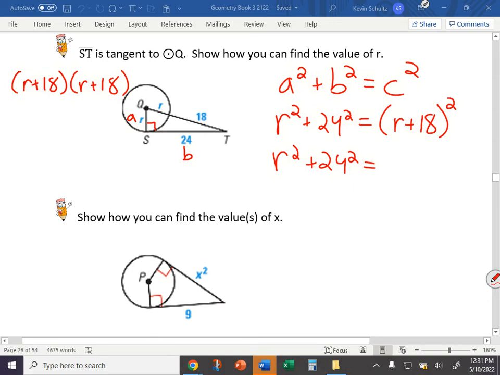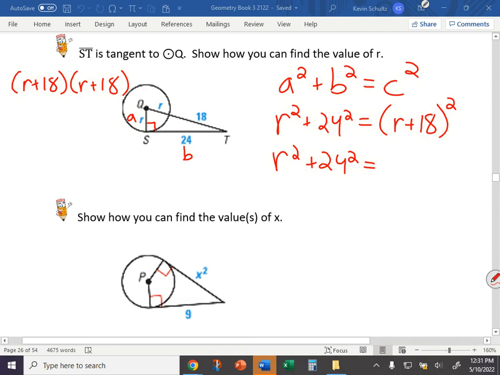Mackie, what'd you get? I have a question. Why are we finding the value of R? Because that's what it says to do. No, it just says show how to, not to actually do it. This is how we do it. Why do you have to solve the equation? Because that's what we do in math, Mackie.